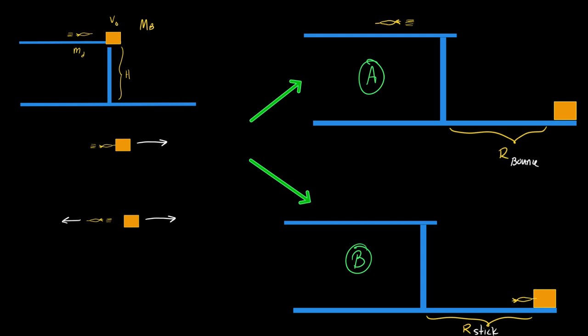I think you have to focus on the idea that either this happens or this happens. This is the immediate outcome. The first thing that happens is a collision. So from here to here is conservation of momentum. Two different kinds of collisions, but conservation of momentum.